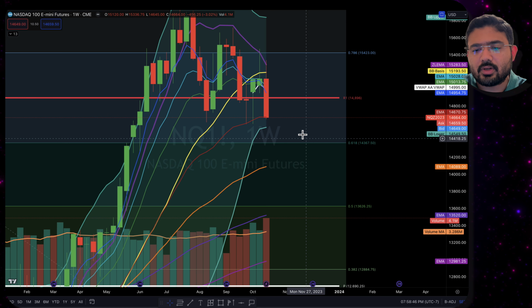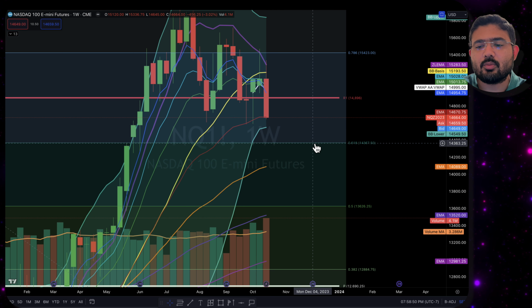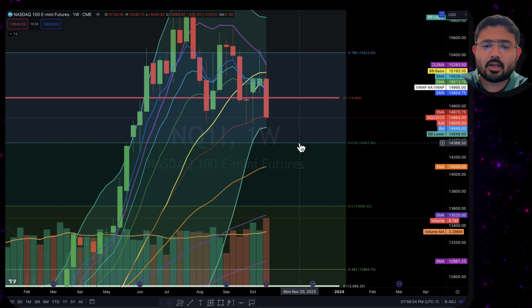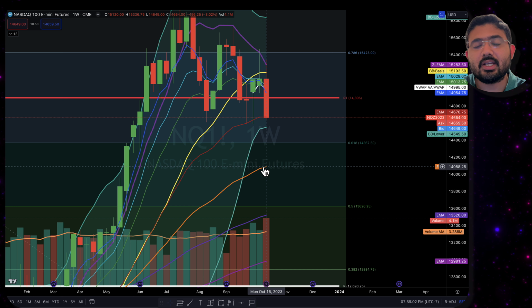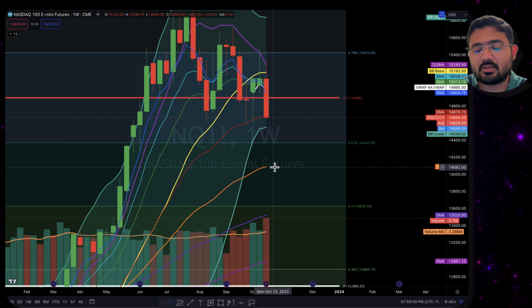So the first area of support would be this 0.618 level of the Fibonacci pattern. The next big support will be 14,100, which happens to be this orange line, which is the 50-day moving average. So this is my strong support zone area.